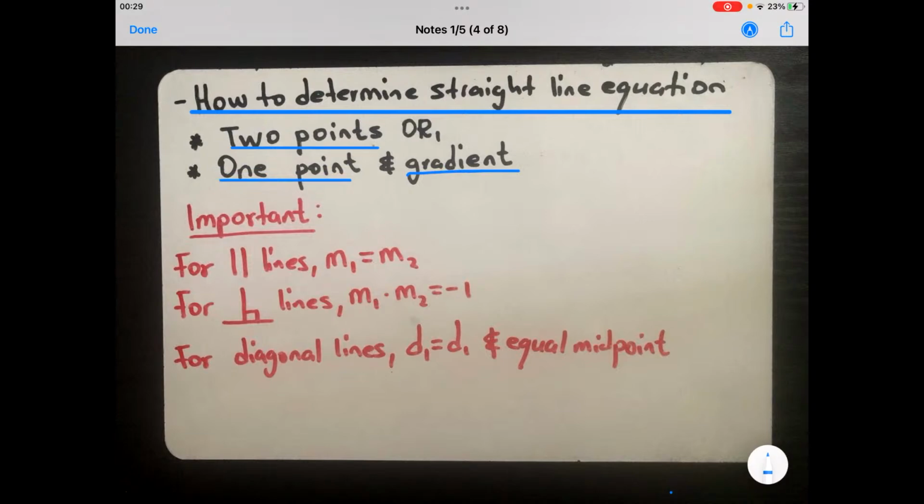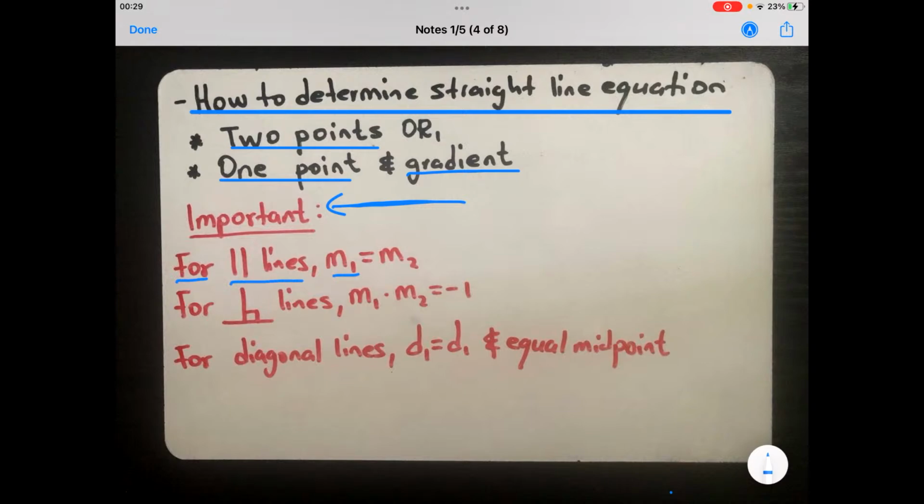So there I've got some important information, honorable members, where I'm saying for parallel lines, the gradient of line 1 is the same or equals to the gradient of line 2.